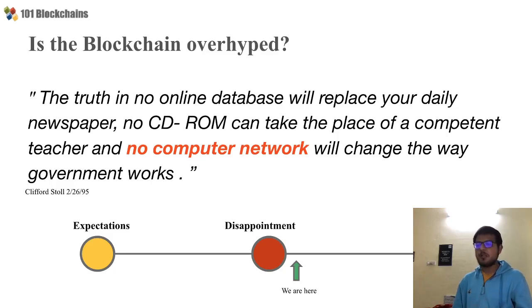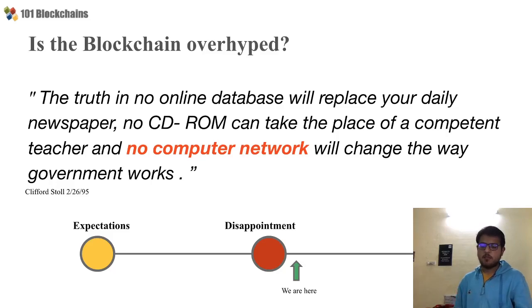We are somewhere in the middle where the disappointment has hit because, for example, in India there are a lot of laws that are not supportive of using Bitcoin or currency right now. And no startups in our country are doing initial coin offerings at a huge scale. It mostly happens in other areas, but in India it's not the case.